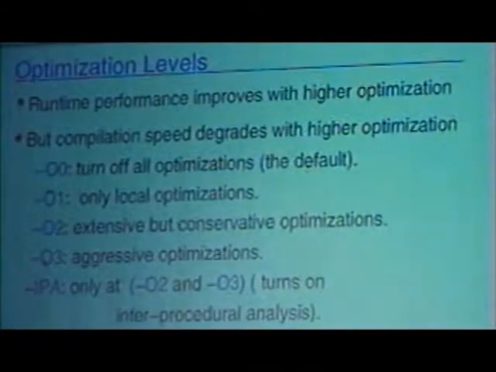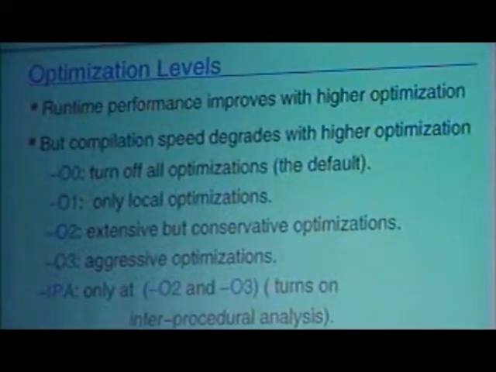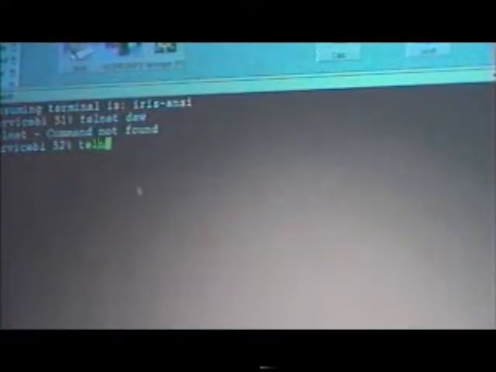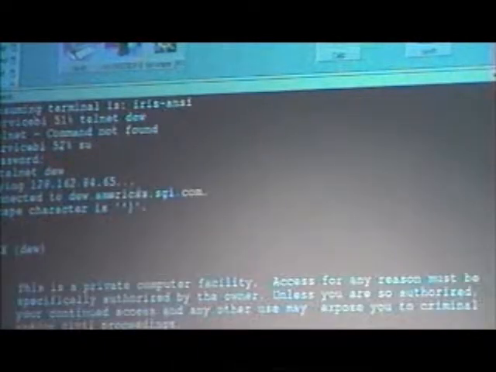Again, the only thing we're concerned about right now on this page is -O3, which is my most aggressive optimization. Maybe I should check this now. Run ACCOM.